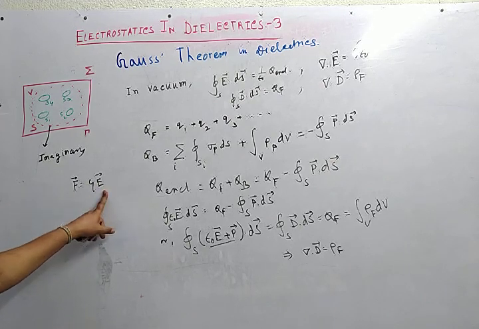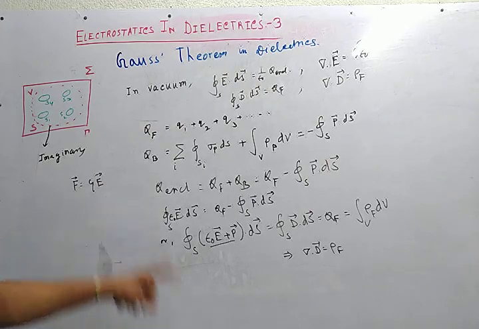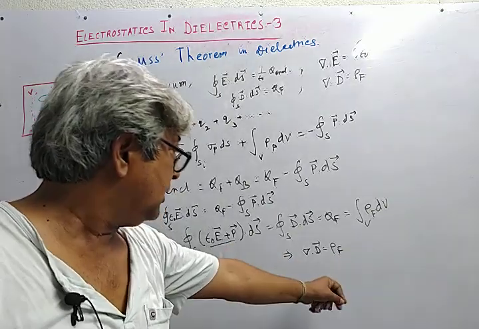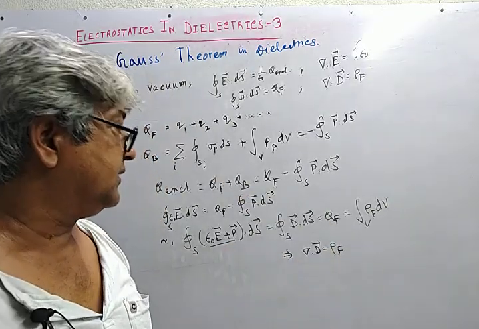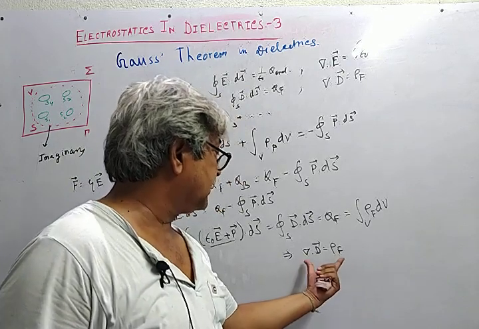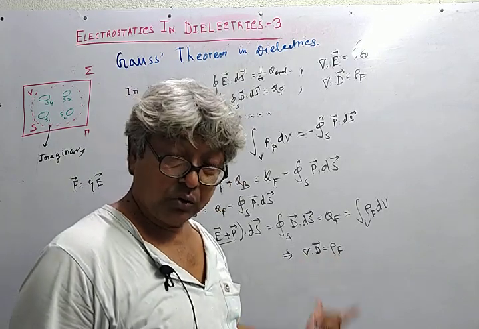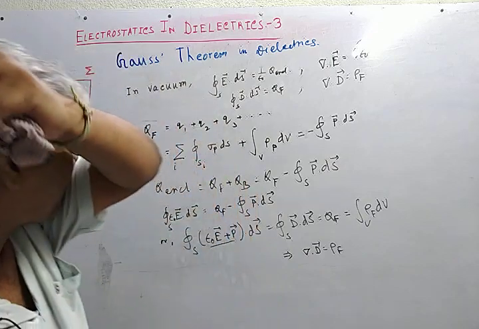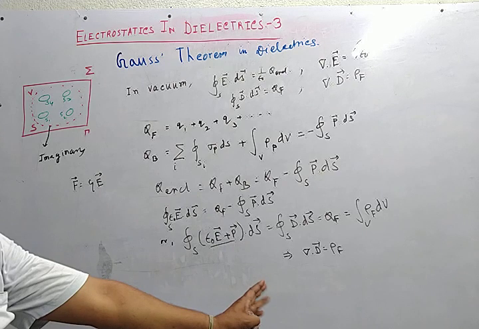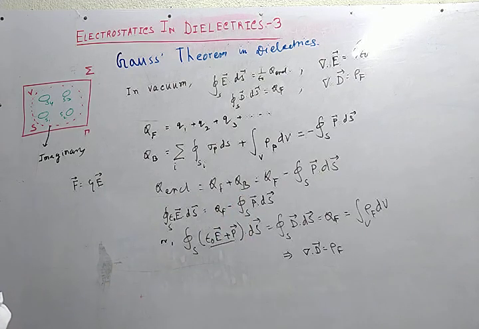In that sense, E is the fundamental vector, but D is simply an auxiliary vector, because if we know the free charge density, then we can calculate the divergence of D from this. So we can get information about the divergence of D from the free charge density. In that case, the introduction of the D vector facilitates our calculation.